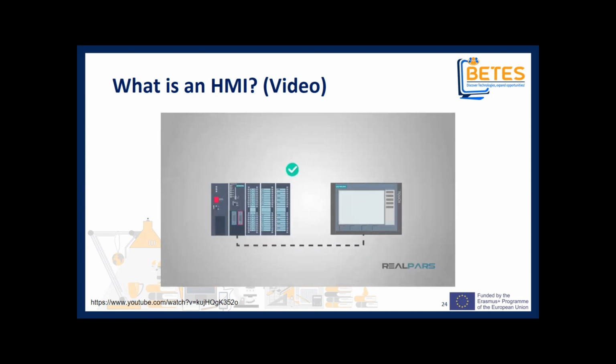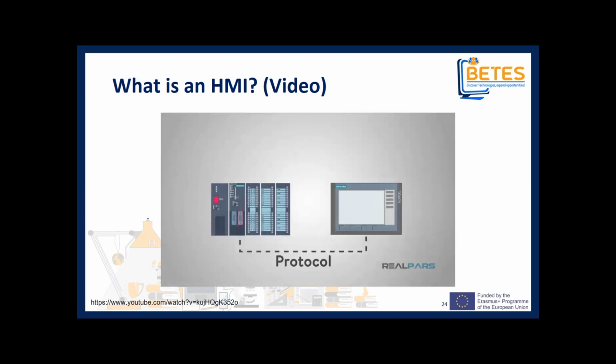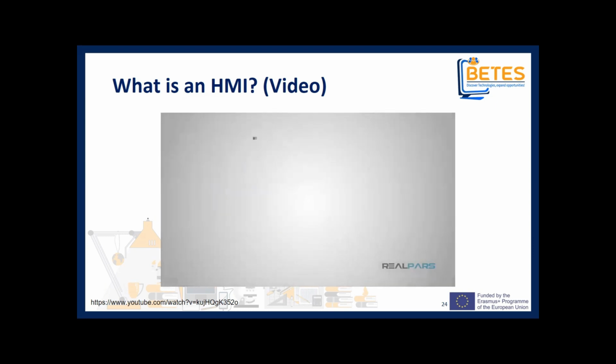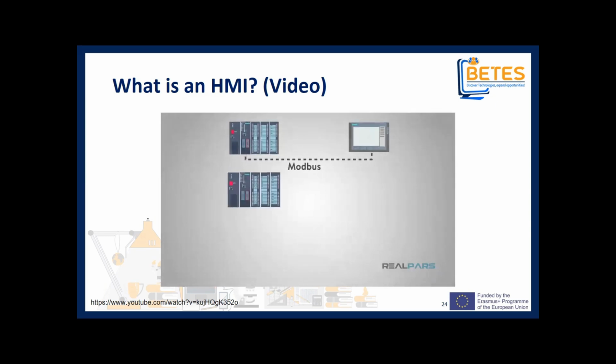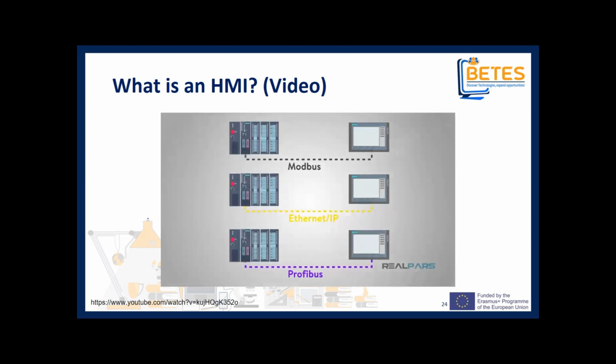The HMI and PLC need to be compatible. This means they need to be able to talk to each other. They do this on what's called a protocol. Different companies use different protocols. Common protocols are Modbus, Ethernet IP, and Profibus. These are all just industrial networks, kind of like the network you may have in your home with multiple computers, TVs, or other devices connected to each other.